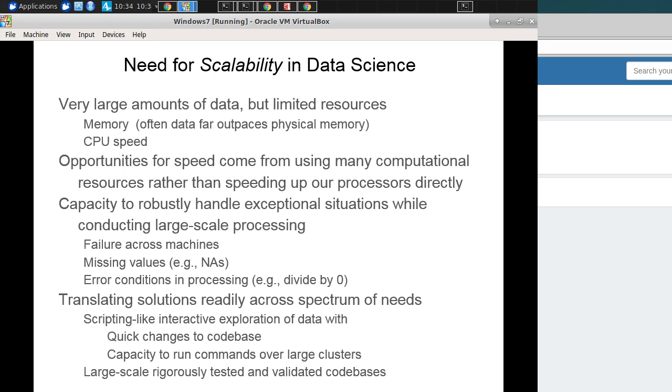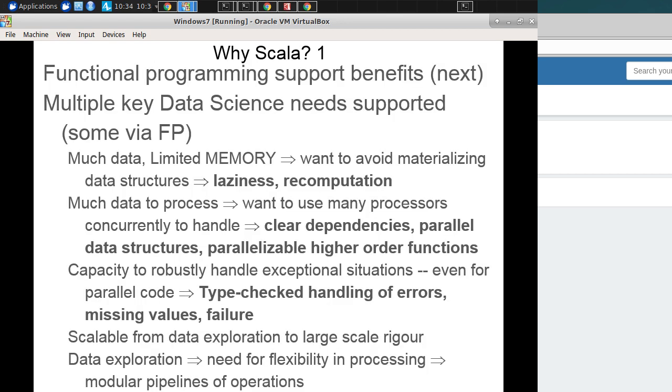The first and foremost of them is the need for scalability in terms of data science, and this involves scalability in terms of processing small amounts of data and large, but also involves scalability from very interactive interaction with programs on the one hand to rigorously tested, industrial strength analysis mechanisms that can run on a routine basis.